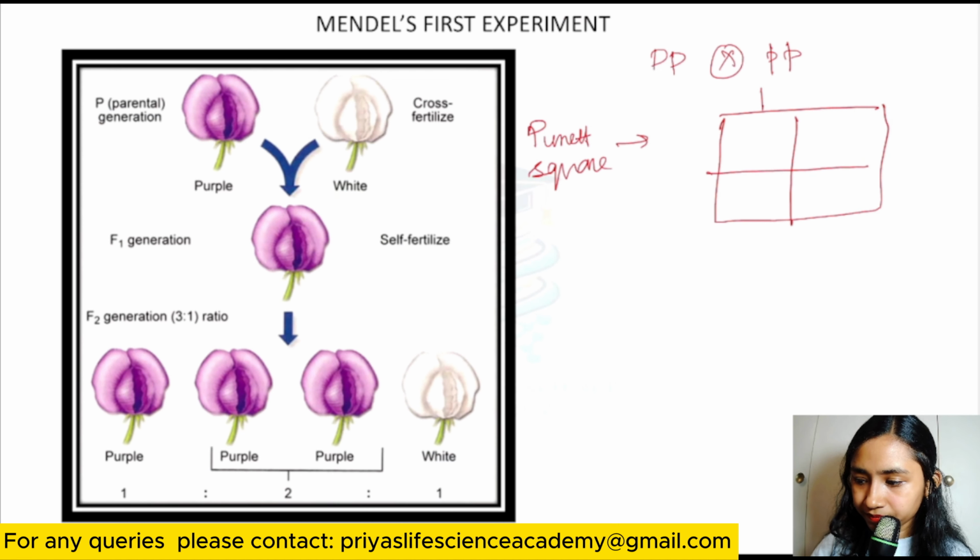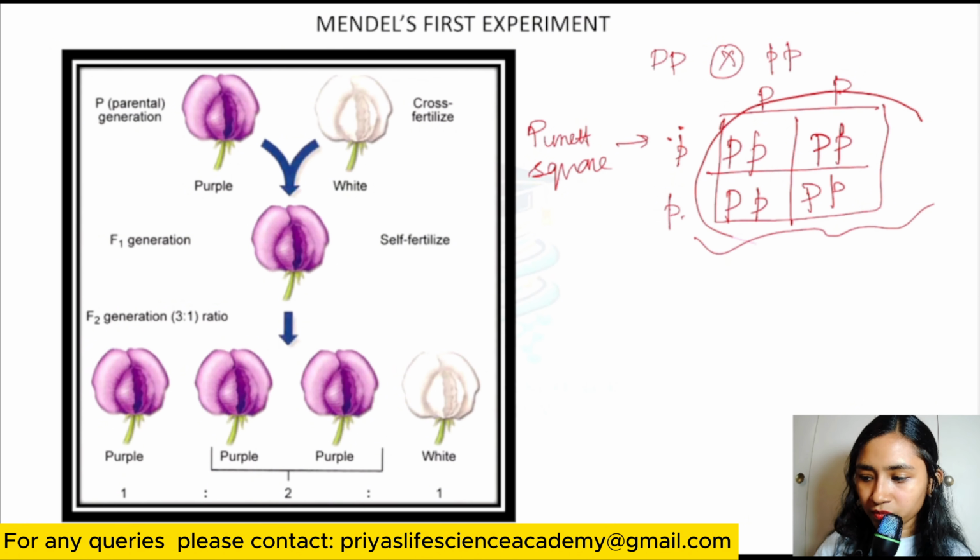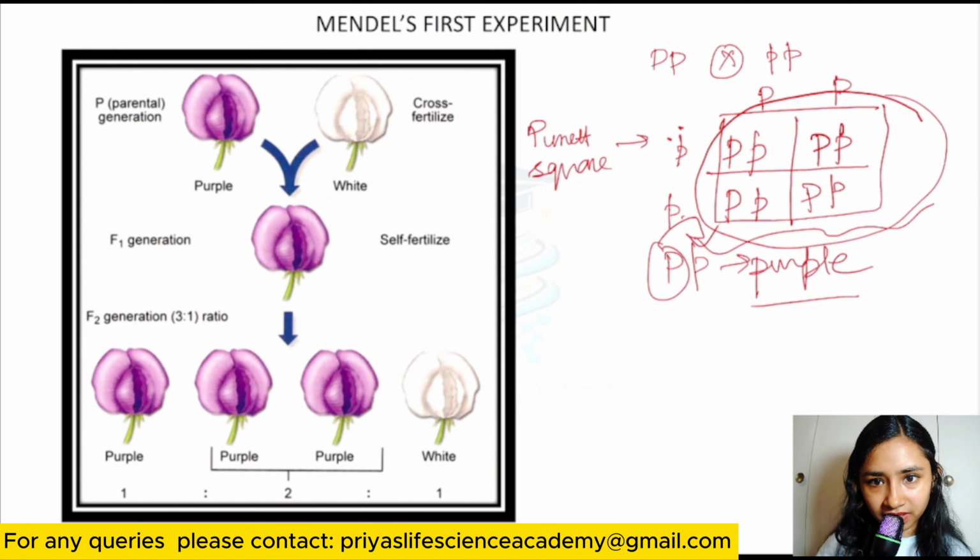This is the capital P, this is the small p, and when they cross, here capital P small p, here capital P small p, here capital P small p, here capital P small p. So you can see all of the offspring are capital P, small p, that is they are purple in nature because capital P is dominant over small p. So this is the parental generation cross.